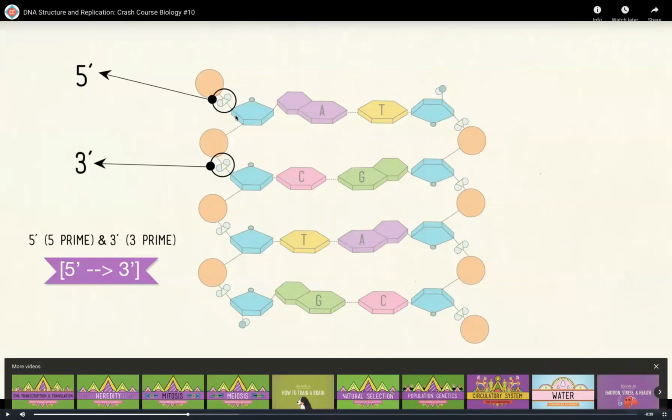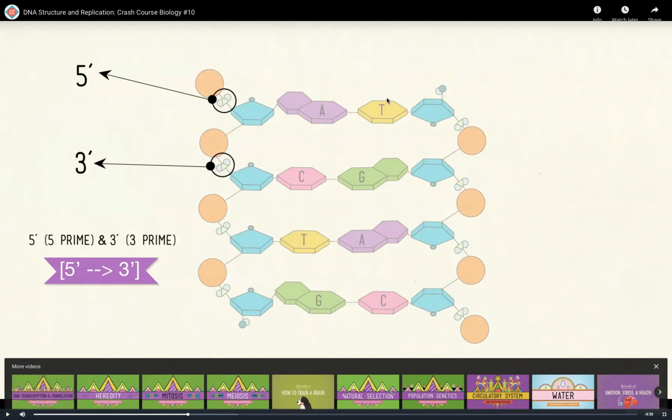So this side is called the 5' to 3', heading that direction. And this is heading the exact opposite direction. So this one will start at 5' here and then move up, and then 3' will be up here. So that's one direction, and the other side is going in an exact opposite direction.